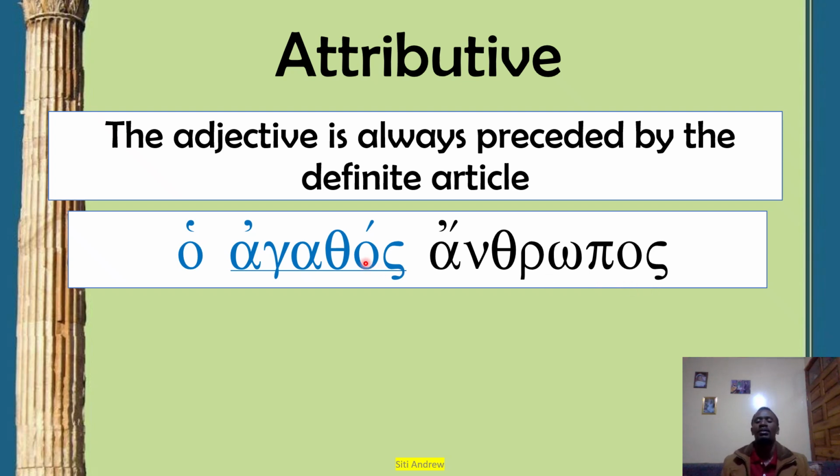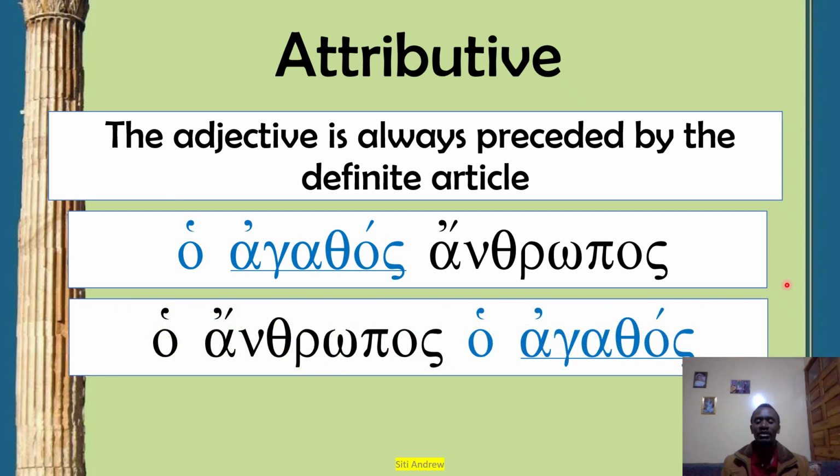Remember that in the attributive use, the adjective is always preceded by the definite article. In other words, the article comes before the adjective. And if you see our adjective here, agathos, is preceded by the definite article ho, which tells you now this is the attributive adjective.